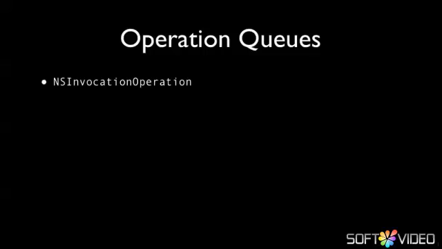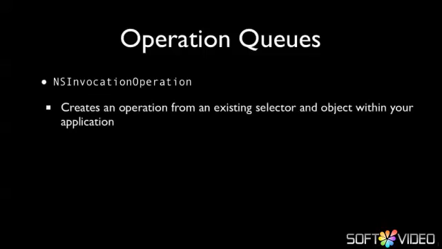Another type of operation is the NSInvocationOperation class, which creates an operation from an existing selector and object within your application. You may have code to process particular events already written within your application, and you can effectively repurpose this and reuse it to create operations.